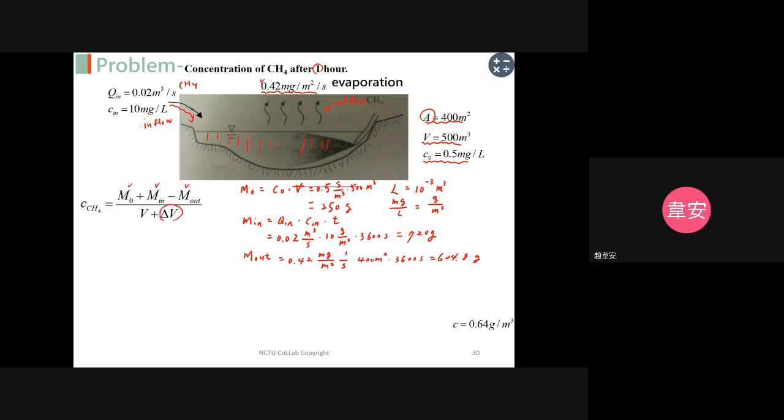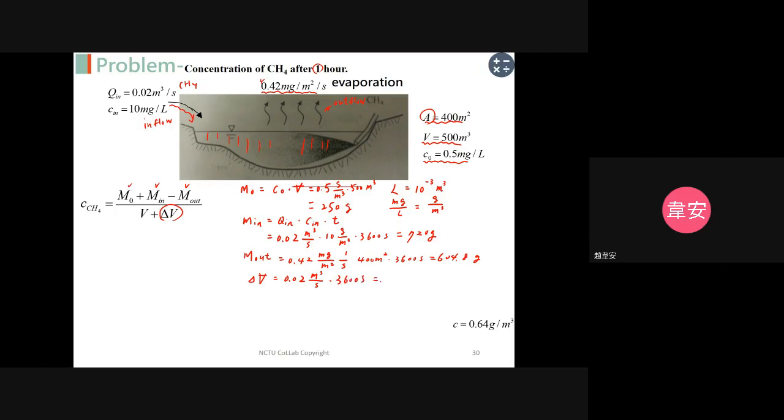And the change of the delta V. Okay, so for the delta V, we know the inflow discharge Q in shown here. So we have 0.02 cubic meter per second, and after 1 hour, so this is 3600 seconds.